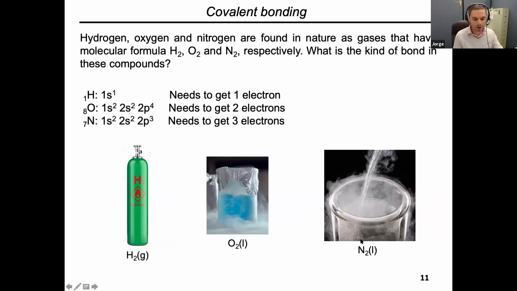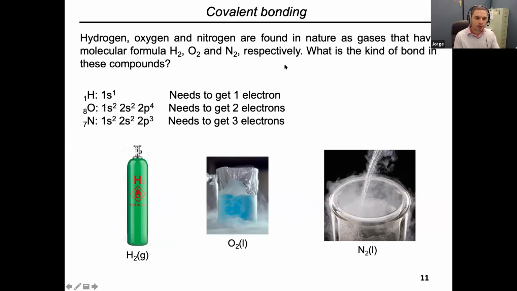So today I would like to present you the other kind of chemical bonding, and that's called covalent bond. So let's see where we left on Tuesday. So that was the last thing I showed you. Hydrogen, oxygen, and nitrogen, they are found in nature as gases that have molecular formula H2, O2, and N2 respectively.